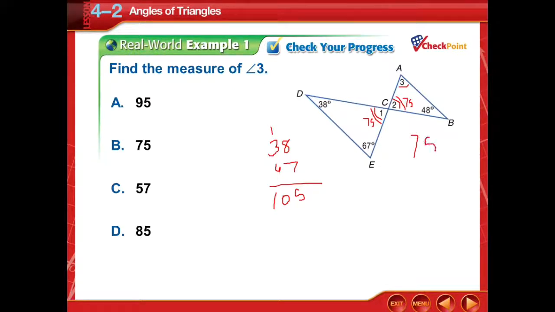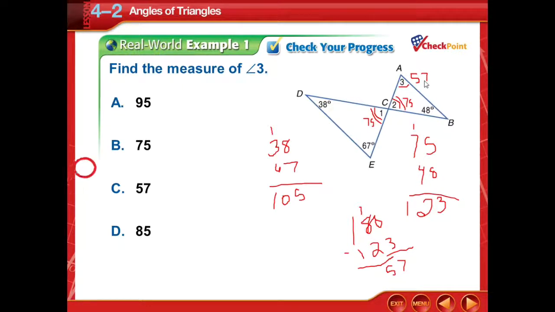I can then take 75 and 48. I add those together, and I get 123. Well, 180 minus 123 is 57, which is C.